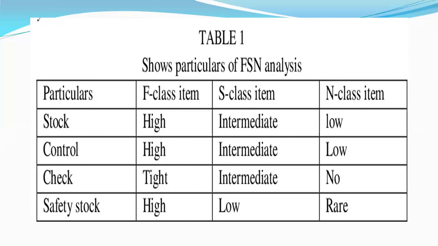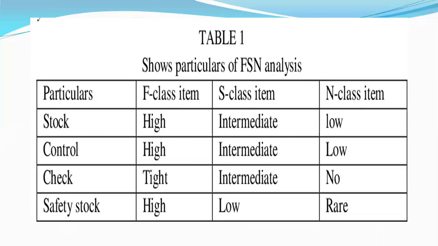Similarly, control is kept very high for F class, then intermediate for S class, and for N class there is no control because these are non-moving parts, non-moving items. So this way we have N class, S class, and F class items.